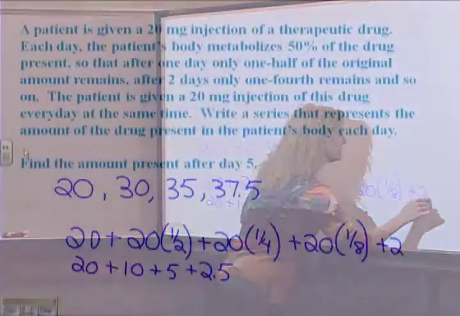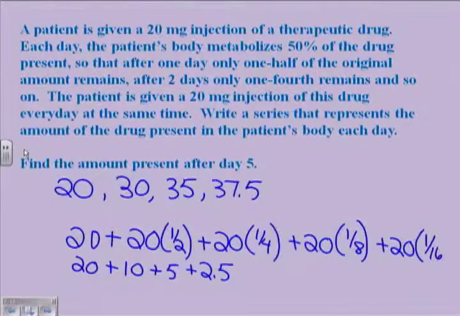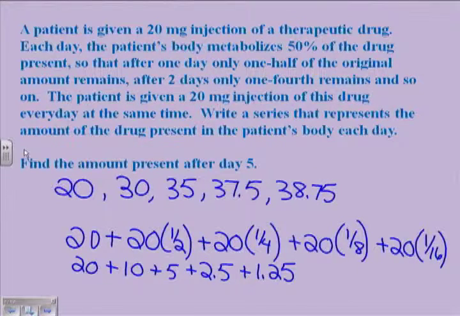Technically, what I'm doing is adding on the new injection, half of yesterday's, a quarter of the days before, and we go all the way down to 1/16 now of the very first day's injection, which would be 1.25 milligrams. So adding that 1.25 milligrams on, we've got 38.75 milligrams as the amount of medication in the patient's body on day 5.